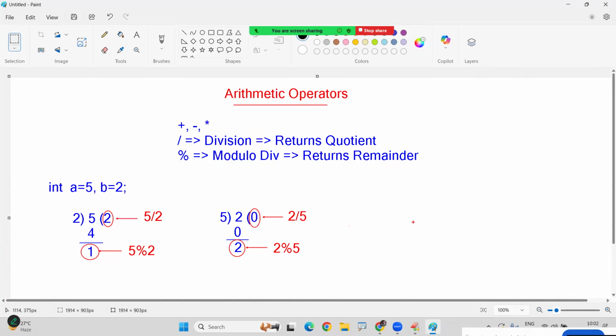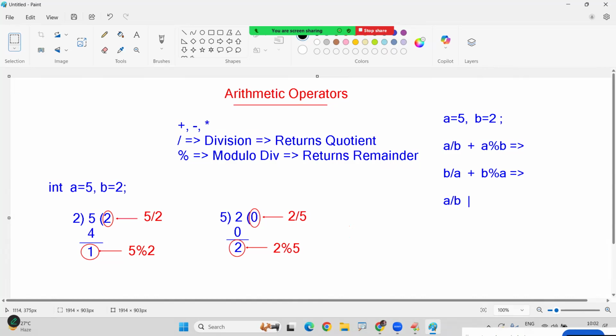Now, I'm just asking you the questions to complete. Here it is the same. If a value is 5 and b value is 2, I'm asking the questions: a by b plus a mod b. What is the value for this? Next one is b by a plus b mod a.